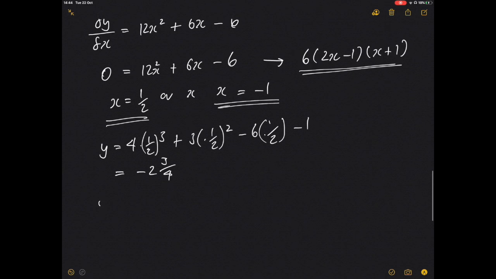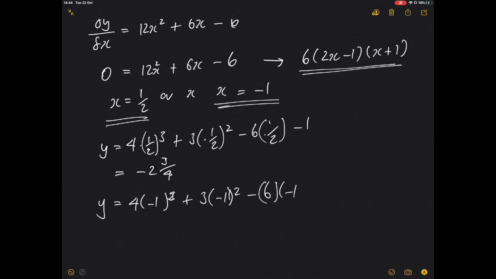And likewise, we could do the same with the second value: 4 times minus 1 cubed plus 3 times minus 1 squared minus 6 times minus 1, minus 1, and we put that in the calculator and we get that equals 4.